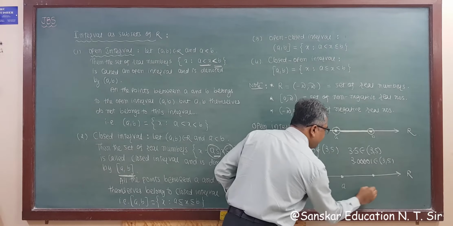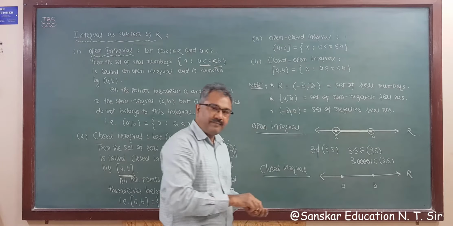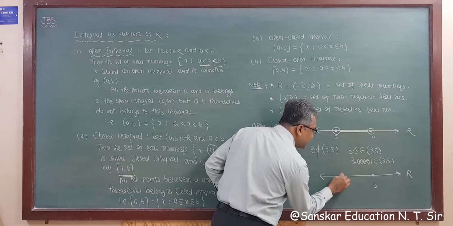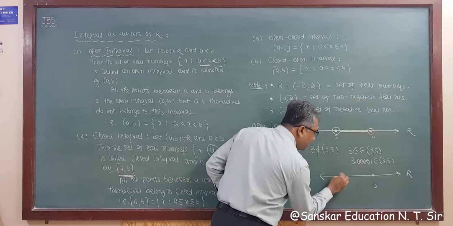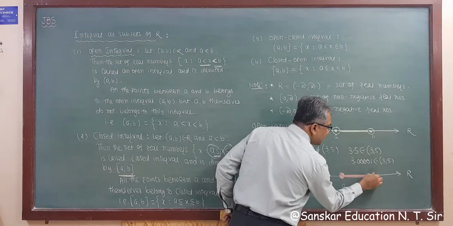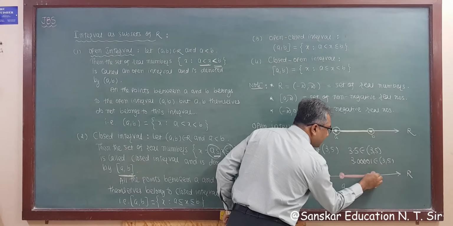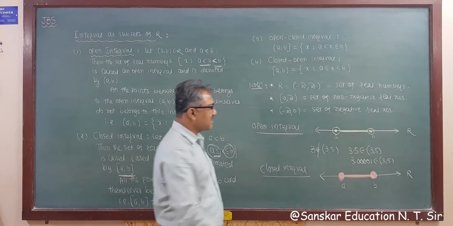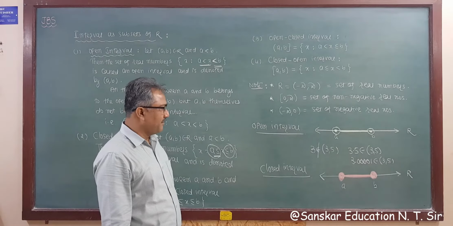This point a is also included, and all points between a and b, and this is also included. So I am writing here with big filled dots. So this is called a closed interval.